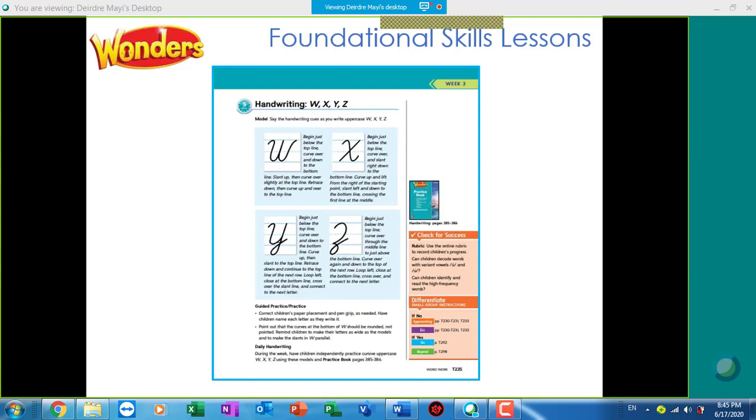Well, what if my answer is yes? My students are capable of decoding these variant vowels and identifying and reading the high-frequency words. In blue is on level. So if you want to give your students the opportunity to maintain skills through a teacher-led small group, you will find activities there.